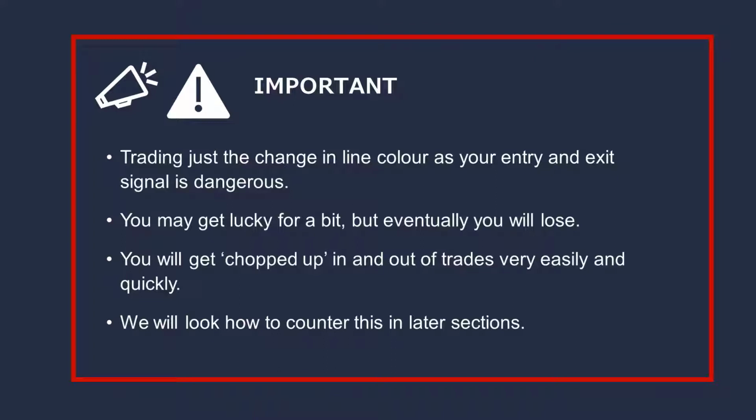This rule though comes with a big warning attached to it. Just trading that line change colour as your entry and exit approach or strategy is going to cost you a lot in the long run. You might get lucky for a bit, but eventually, probably sooner rather than later, you're going to lose. You're going to get chopped up, spat out really.